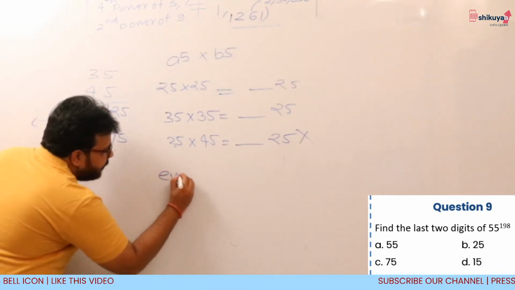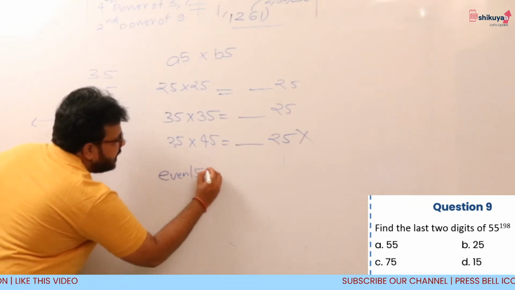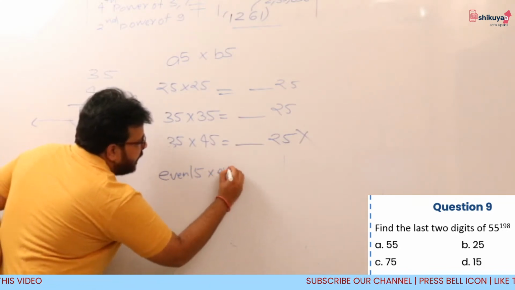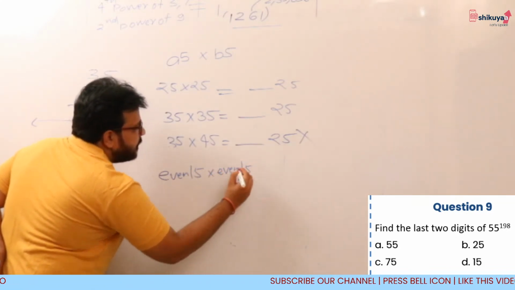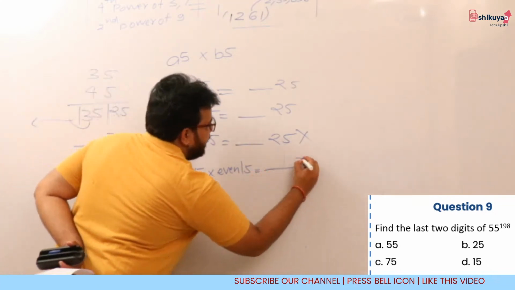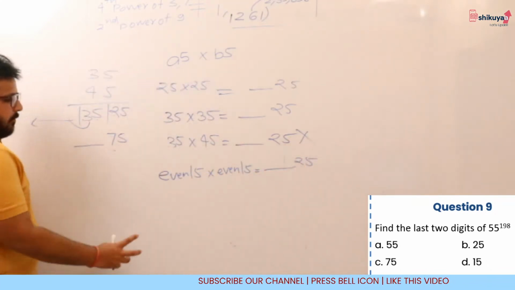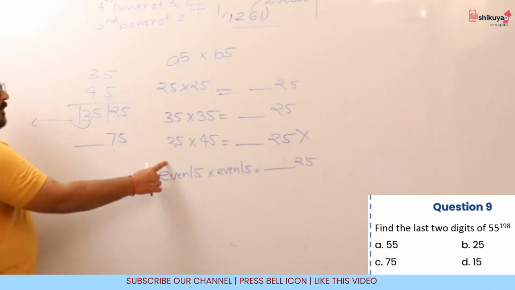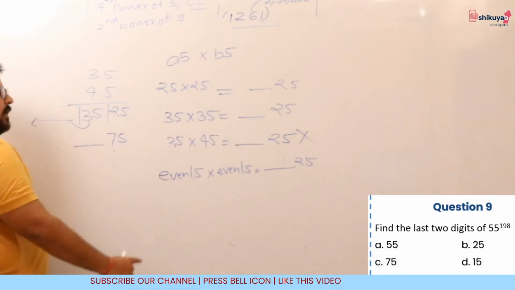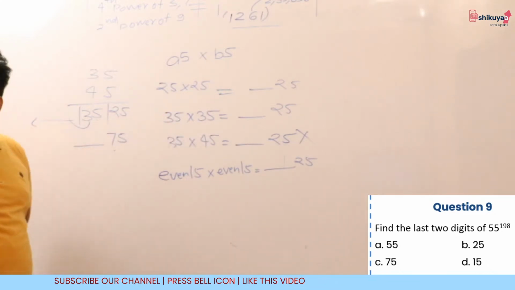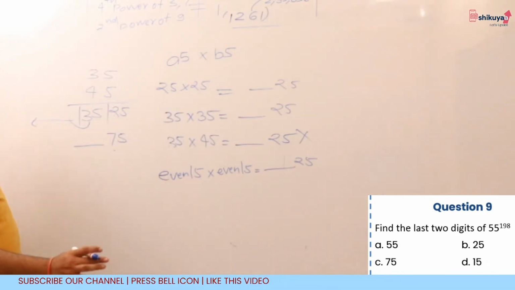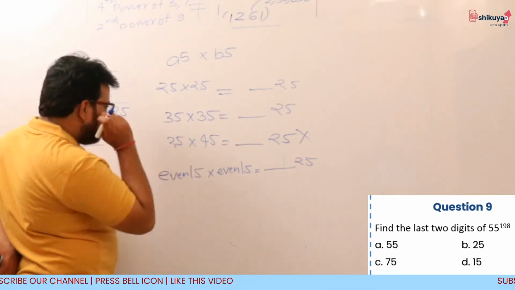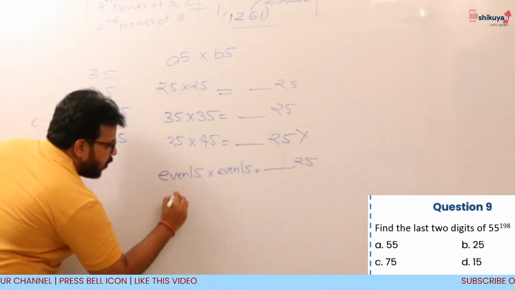When even 5 is multiplied with even 5, the answer ends in 25. Means 45 into 65. 45 into 65. You will get 25 at the end. Try to understand this. Even 5 into even 5 ends in 25.